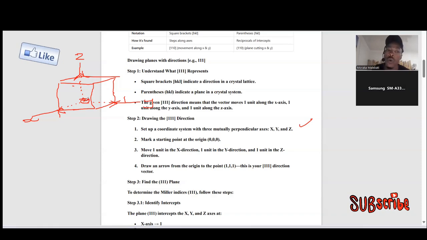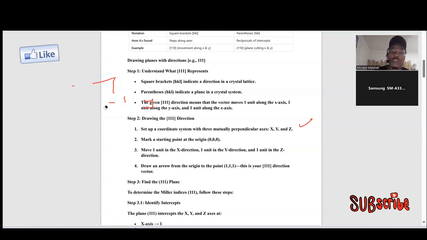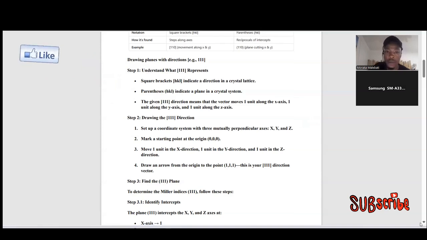So we have moved 1 unit from the origin. That's why we're showing the arrow, because the arrow tells us about the direction. I hope it makes sense. So if you're given the planes, you must also be able to draw these things.